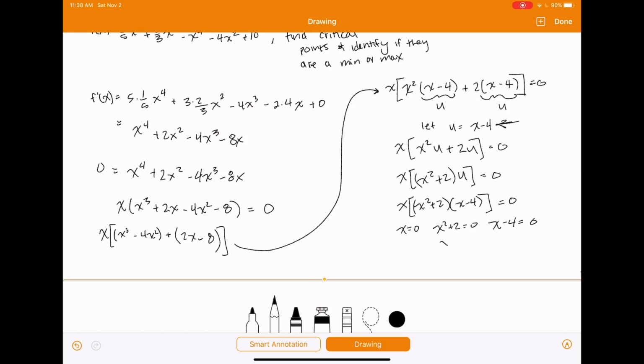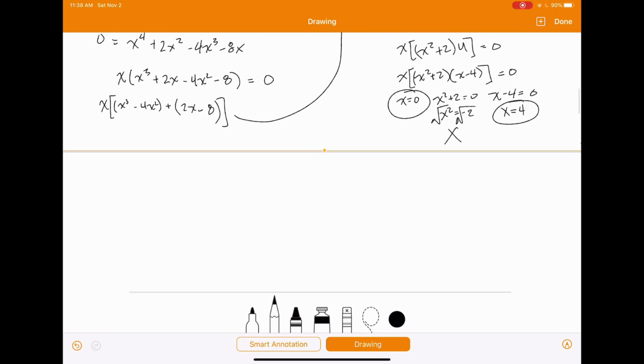So here, we're going to get x squared equals a negative 2. Take the square root of both sides. When you take the square root of a negative number, it becomes an imaginary number. So we're not going to have any roots there. And then here we're going to get x equals 4. So we've got x equals 0 and x equals 4. All right, so those are our points of inflection.